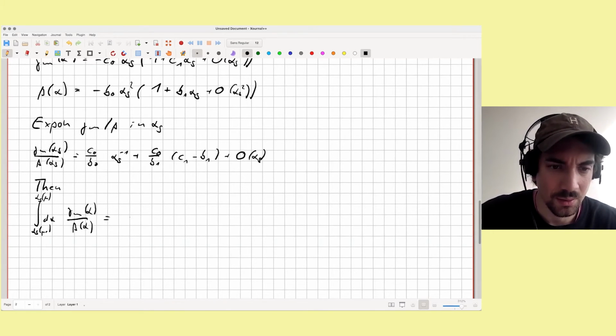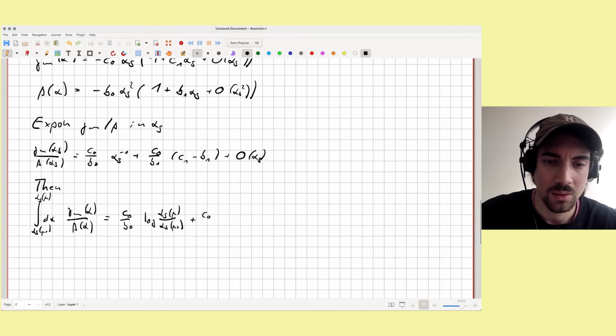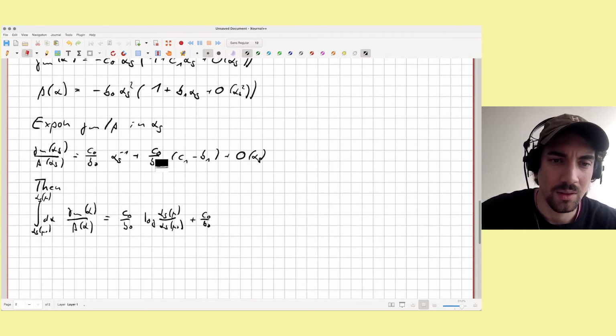So this is C naught and B naught times the log of alpha s at the final scale over alpha s at the initial scale. That's the leading order term plus C naught over, oops, just see that there's a mistake here, sorry about that.